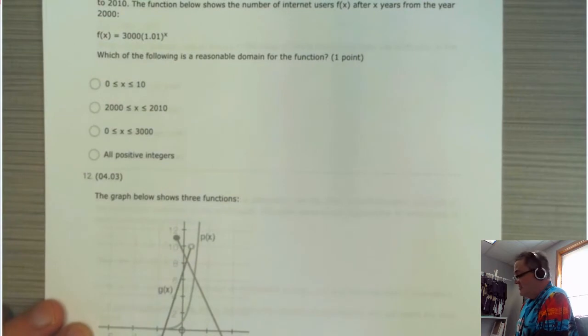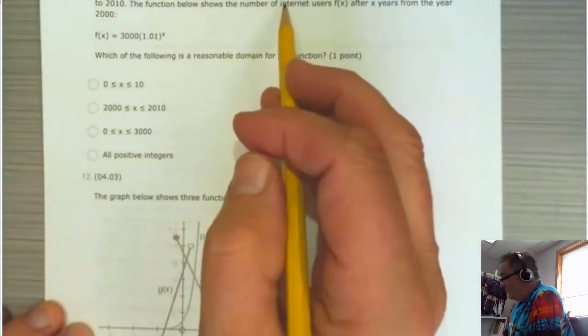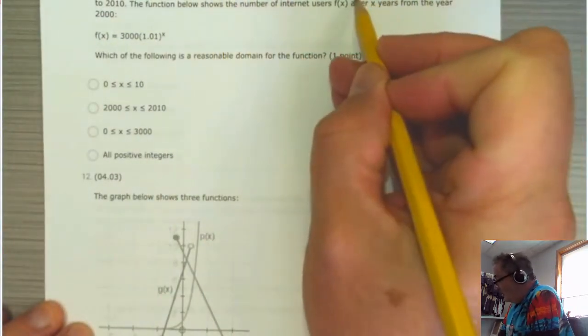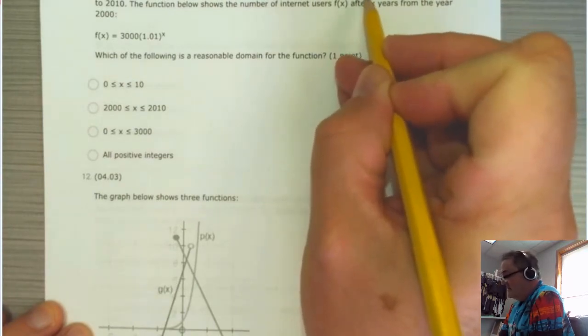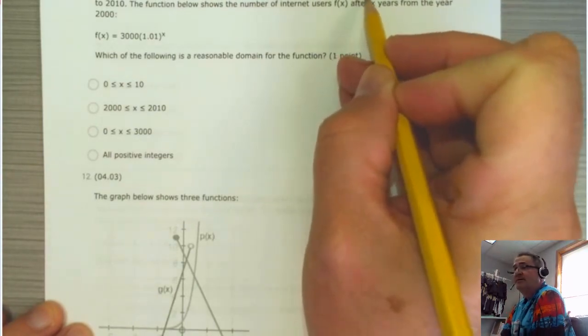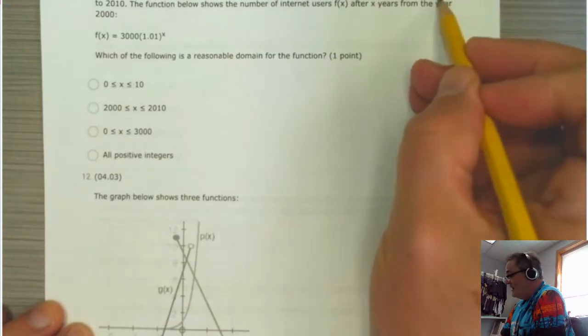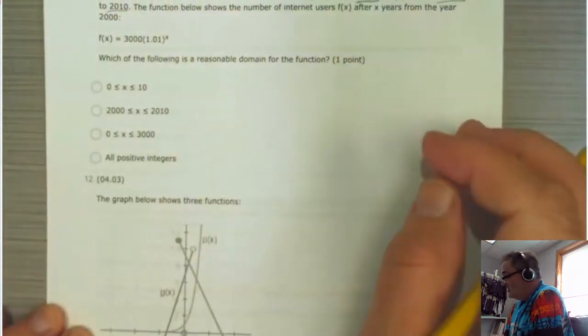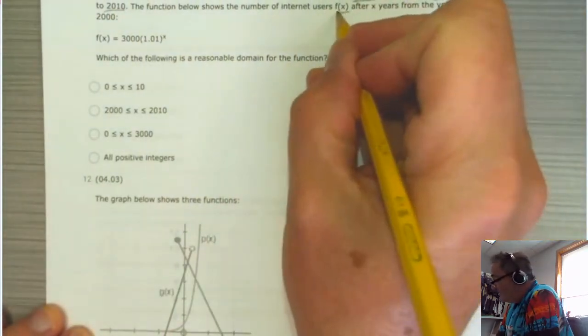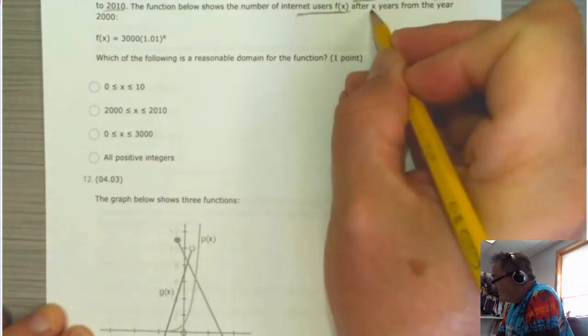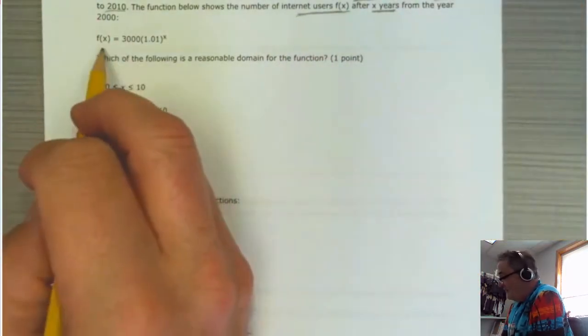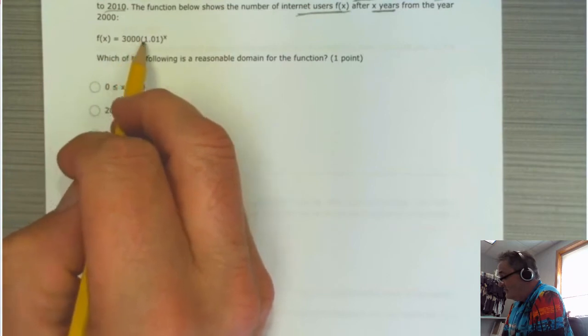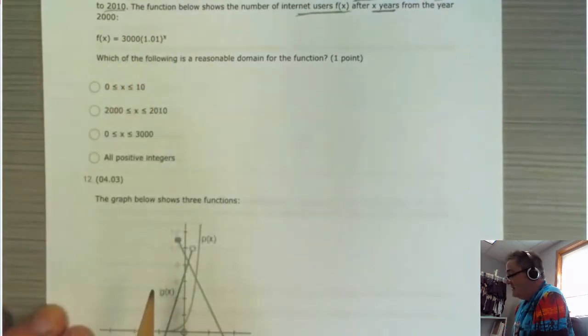Okay, the number of users of the internet in a town increased by a factor of 1.01 every year. So it's growing. If this is larger than 1, it's growing from the year 2000 to 2010. So this shows the number of internet users. F of x is the internet users. X is the years. F of x equals 3,000 times 1.01 to the x power.